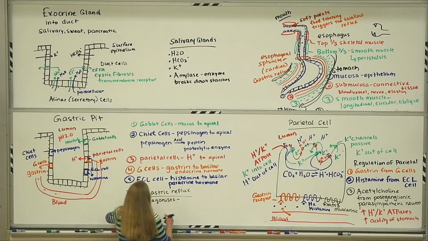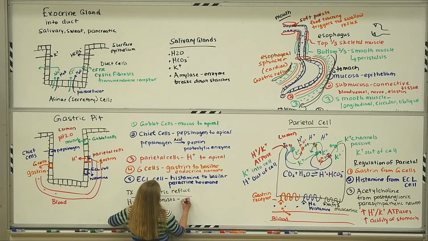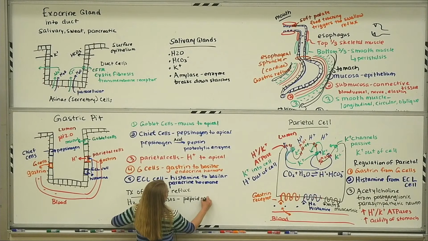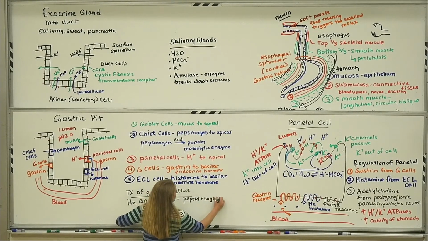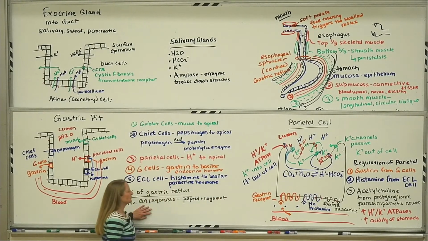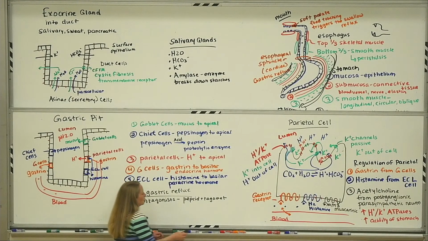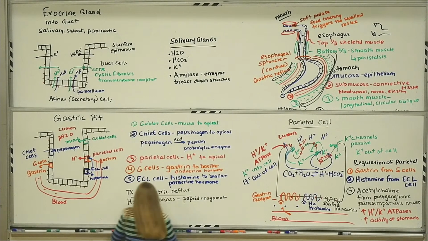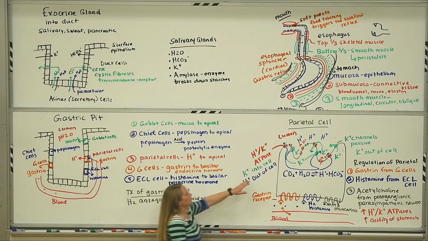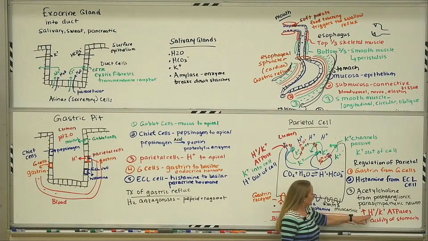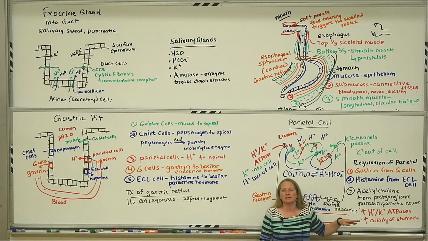Okay, these are going to be things like Pepsid, Antagamit. Okay. What they tend to do more of now is block these channels directly. So these hydrogen, potassium, ATPases.